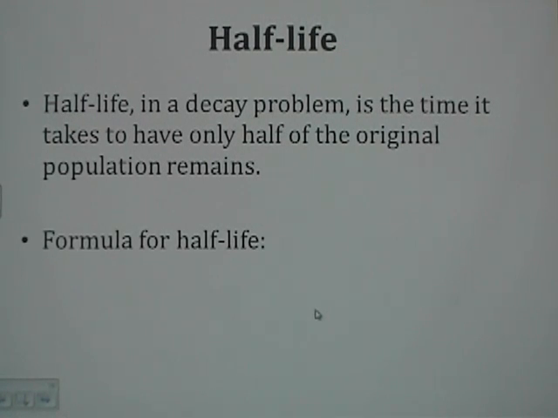So now, fortunately we do have a formula for half-life, and that formula here is, so my notation, I use t sub 1/2, right here, to indicate the half-life, the time it takes to get half remaining.